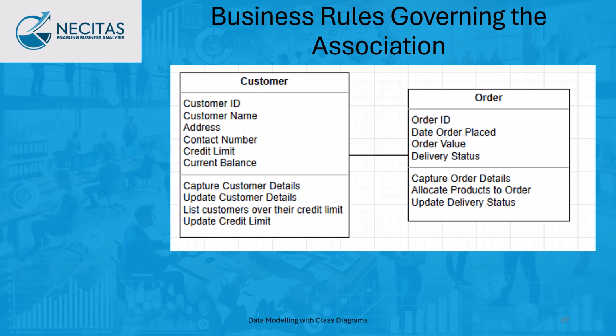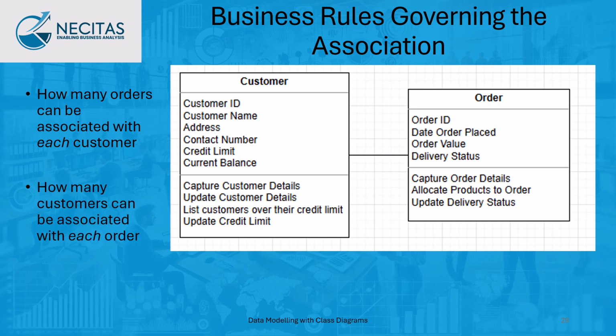In our example class model, we know there's an association between customers and orders because of the line between them. We now need to add information about the numbers involved in this association. We need to specify the number of orders that can be associated with each customer and the number of customers that can be associated with each order.